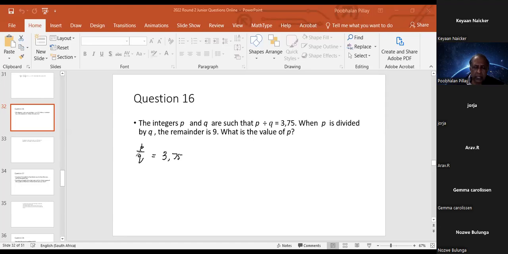Okay, now this is a fraction here, and this is a decimal. So maybe we should convert both to fractions. 0.75 is 3/4. Okay, and that's a mixed fraction. Let's make it 15/4. So we got P over Q is actually equal to 15/4.